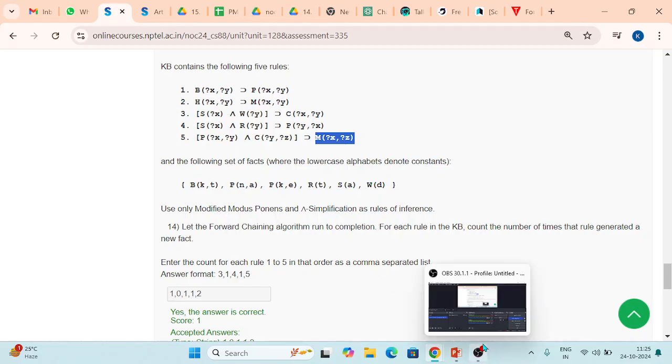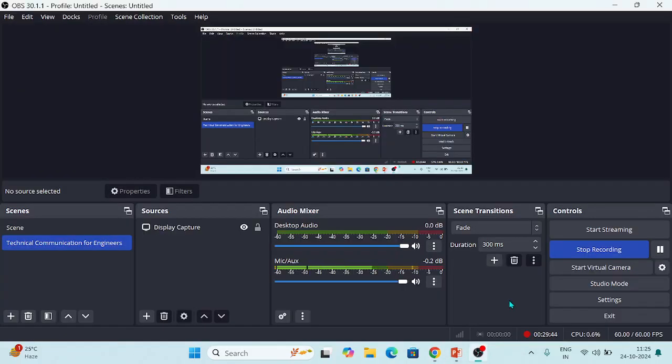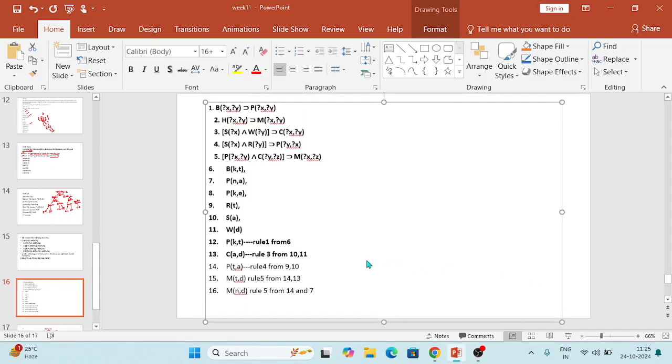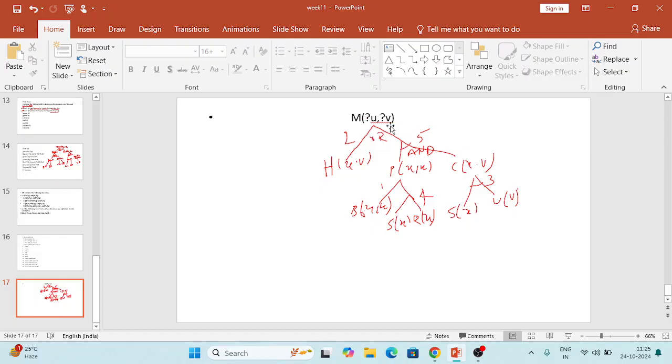If you want to draw the goal tree here, M of UV we are getting either by rule 2 or rule 5. Whether the constants are true or not, we are not checking that. We are just applying rule 2. That's why we can count rule 2 also, and they had given rule 2 also into consideration. You can do this, no problem.